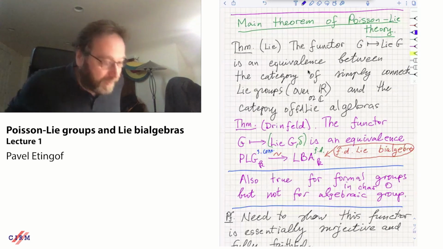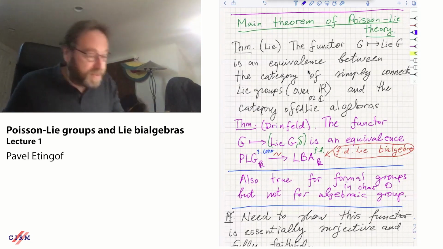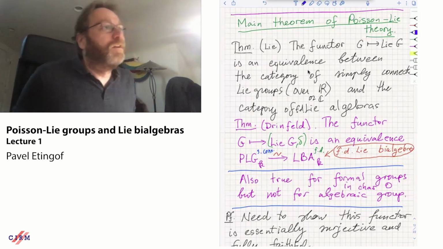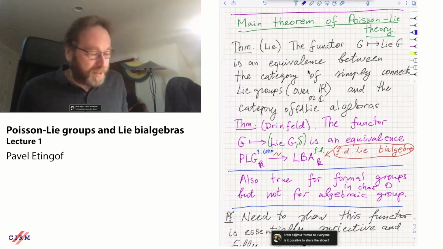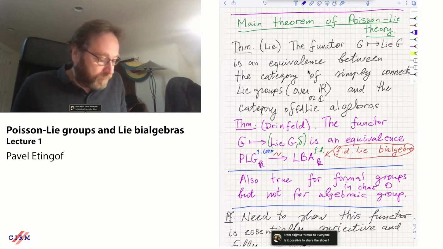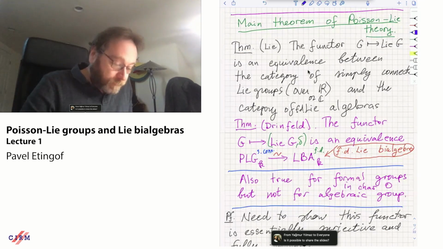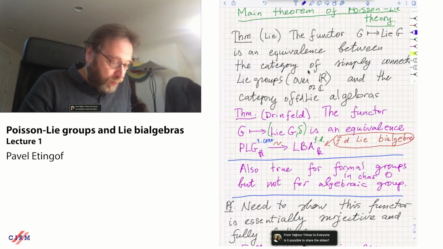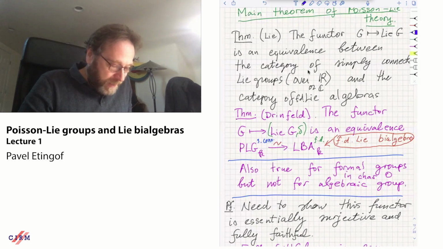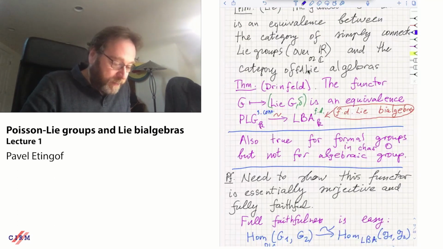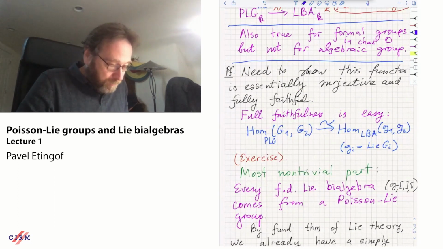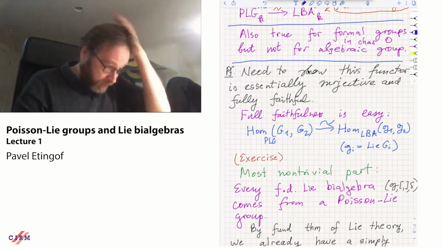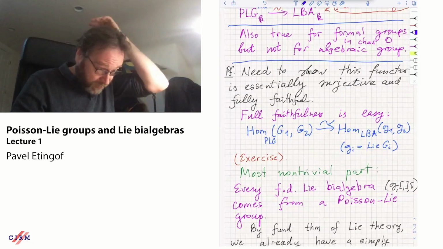But what I said is that for algebraic groups, even in characteristic 0, this doesn't quite work because things can be transcendental and not algebraic. Now, we need to show that every Lie bialgebra comes from a Poisson-Lie group, and part of the job has been done by Lie already. Some of the heavy lifting, in fact, that every finite dimensional Lie algebra comes from a Lie group.